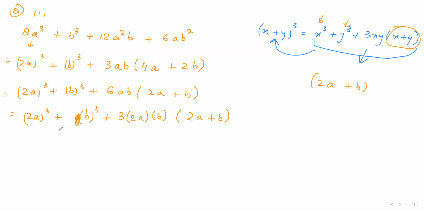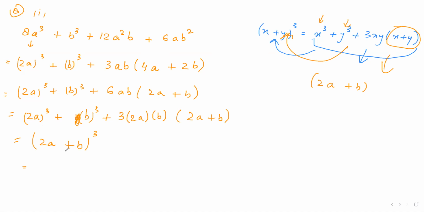Now I think this is exactly like this identity, right? x cube plus y cube plus 3xy into x plus y, right? Yes, ma'am. That means the answer is this now, x plus y whole cube. So this I can write 2a plus b whole cube, right, Adil?